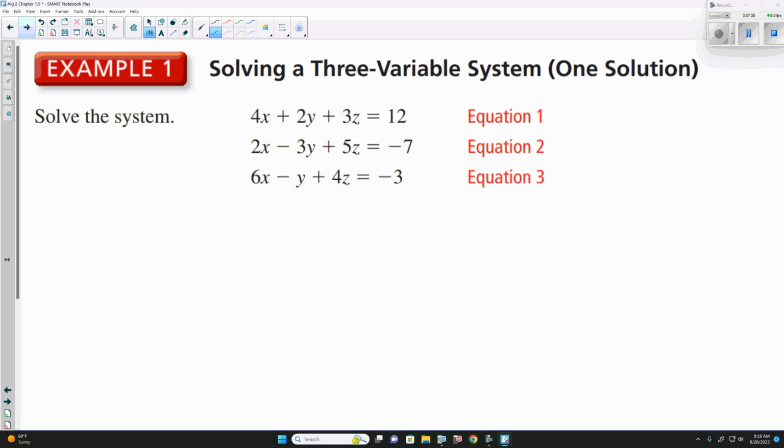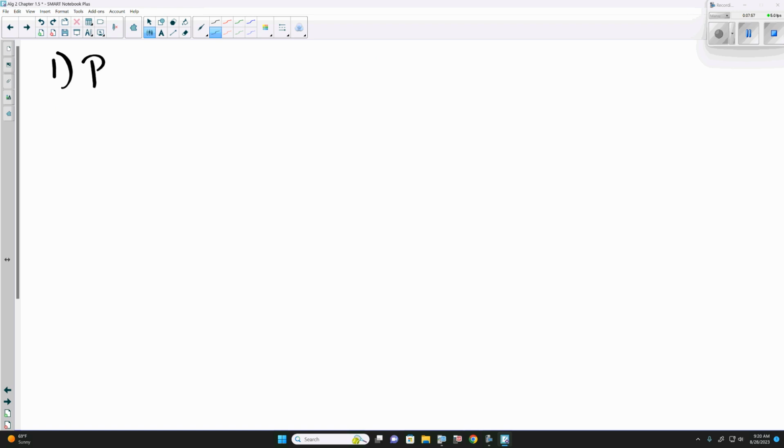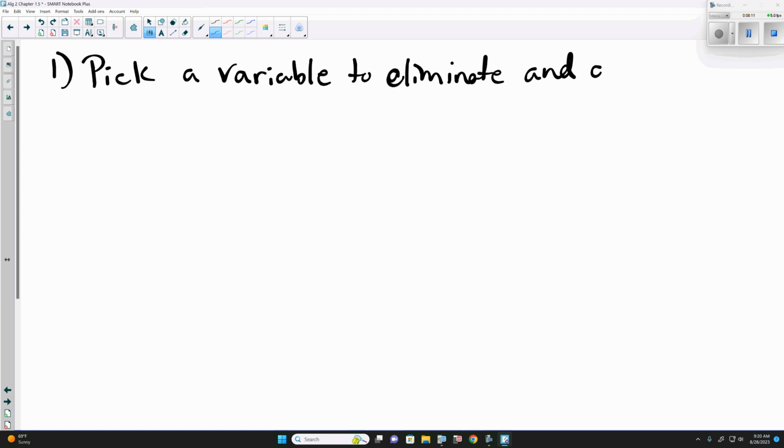Now, we're going to do these here mainly by elimination. We're going to solve these by elimination. So the first step in solving these equations by elimination is to first pick a variable to eliminate and an eliminator equation.